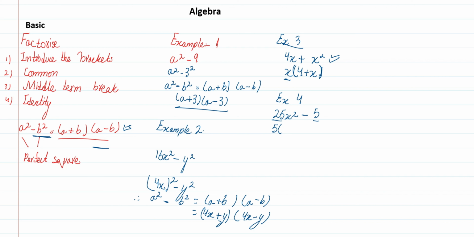Because 25x square is a perfect square but 5 is not a perfect square, that's why you don't have to use this identity; you have to take the common. So the 25x square and minus 5 have the table of 5 common. 25 comes in the table of 5 five times, and the variable you don't take as common, because x is with 25 and there is no x with 5, so you write 5x square, and you have taken the table of 5 as common.